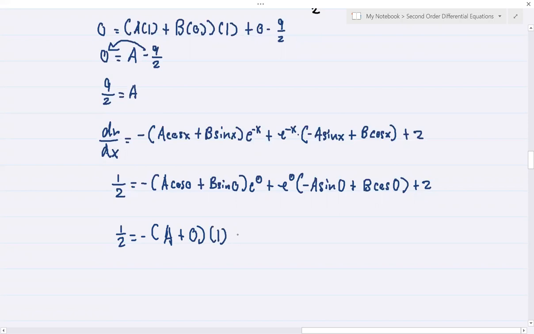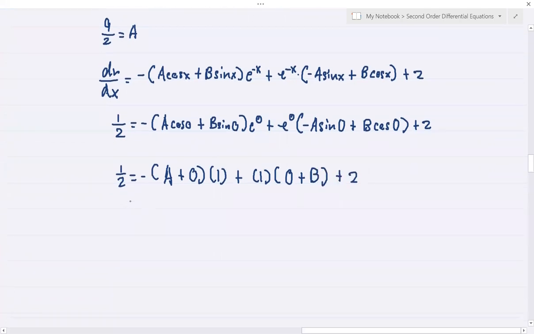Plus e raised to 0 is 1 times quantity, negative a times sine 0. And remember that your sine 0 is 0. So negative a times 0 is 0. Plus b times your cosine 0 is 1. So b times 1 is b. And plus 2.